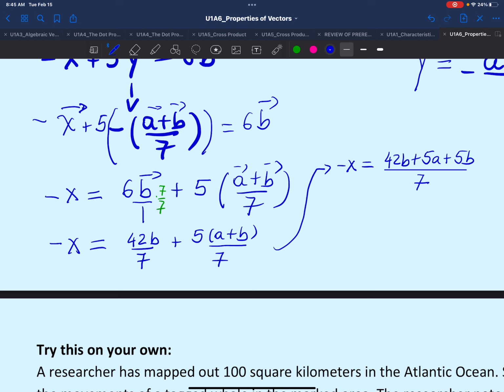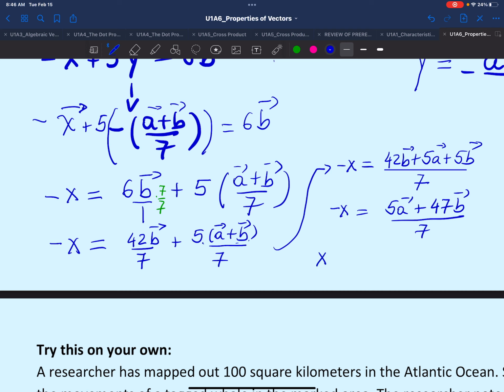So 5a plus b will be just a scalar multiplication, right? Arrow symbols, don't forget. So negative x turns out to be 42b plus 5b, that's 37b, and 5a. So I'm going to write 5a first, and then plus 42 plus 5, 47b. Sorry, here we go. And divided by 7.